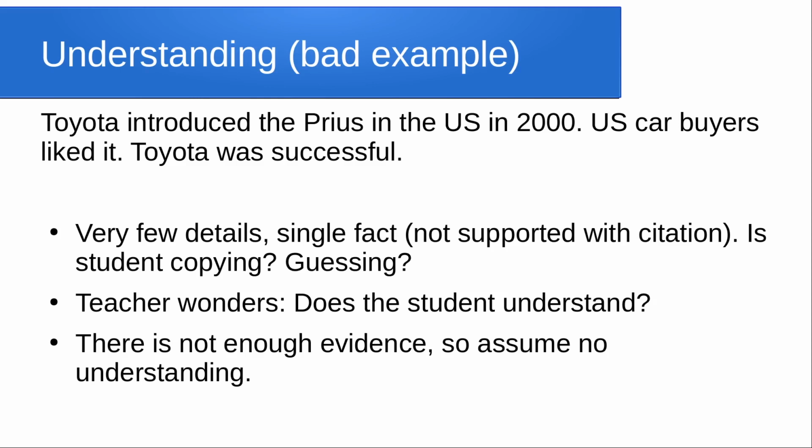Does the student really understand? And the fact is, in this answer, there is not enough evidence that the student understands. So the teacher is going to assume that the student does not understand. The teacher does not assume that the student knows everything unless they mess up. The teacher assumes that the student doesn't understand until the student shows that they do understand.